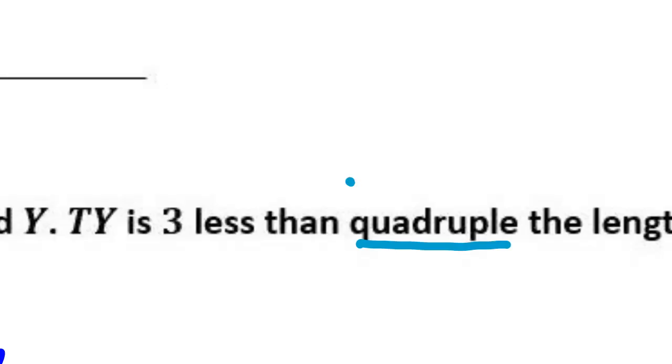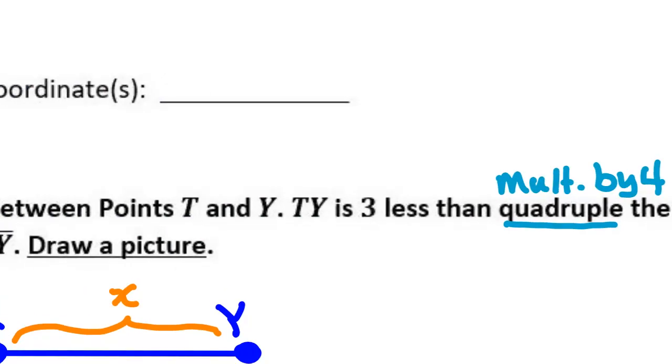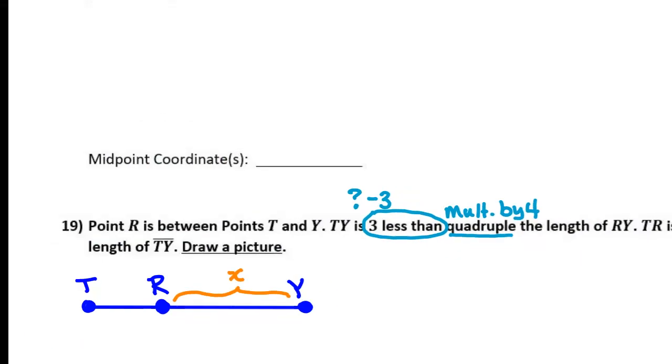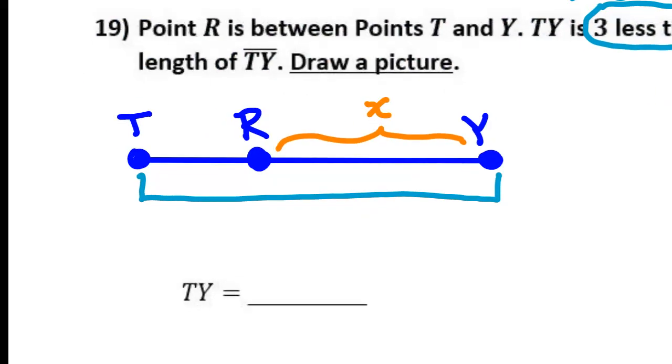Multiply by 4. And 3 less than means to do what? Subtract 3. So we have to start with something, and then we have to take 3 away from it. So TY from here all the way over to here is 3 less, so I'm going to minus 3 from something.